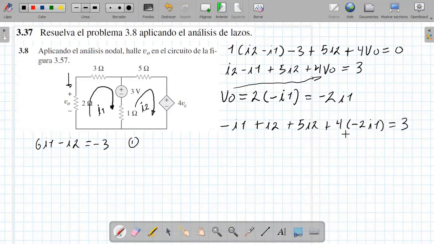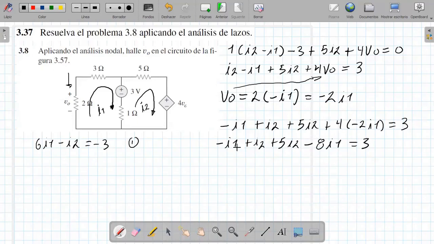So this would be minus I1 plus I2 plus 5 I2, minus 4 times 2, that is minus 8 I1, equal to 3.